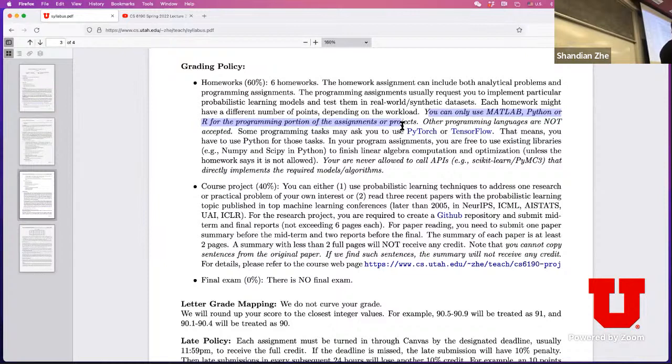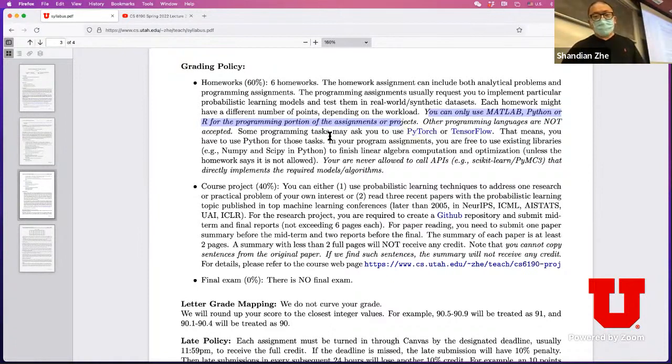Perhaps the most popular language right now for machine learning and data processing is Python, because there are so many open source libraries and a very huge community in support of different libraries. But if you want to use MATLAB and R, I have no issue with that. Actually, I like MATLAB and R better than Python. But right now, most people use Python. If you don't use it, you're going to fall behind.